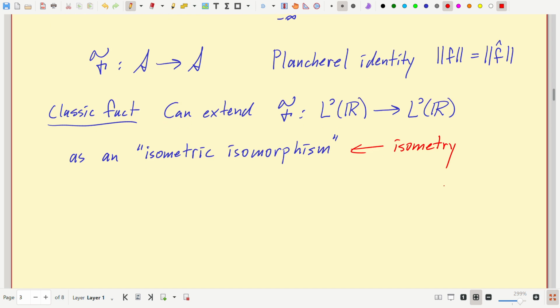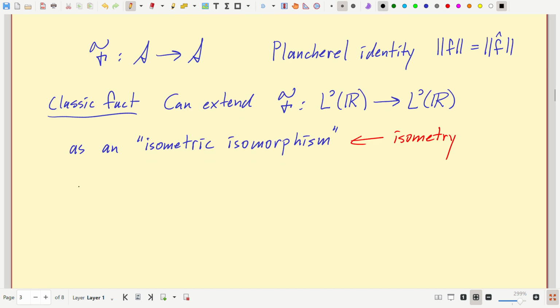Okay, and I want to sketch how it's done. Okay. So step one, I'm going to give myself a function in L2, and I want to somehow figure out how in the heck I would define the Fourier transform of it.